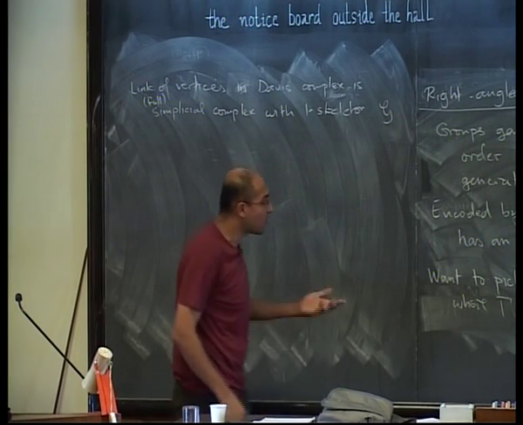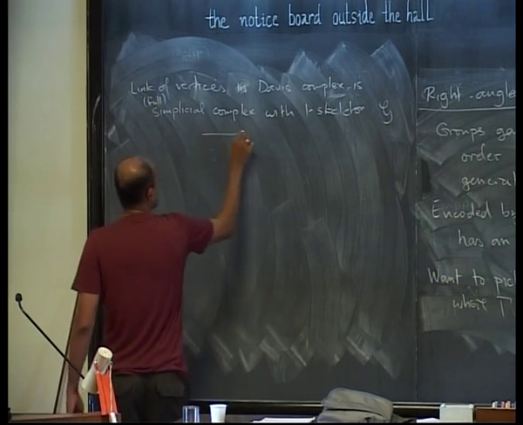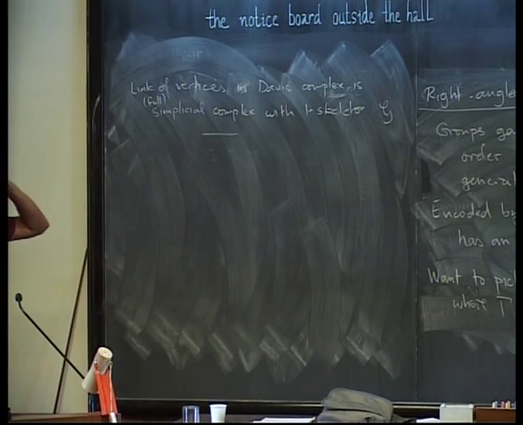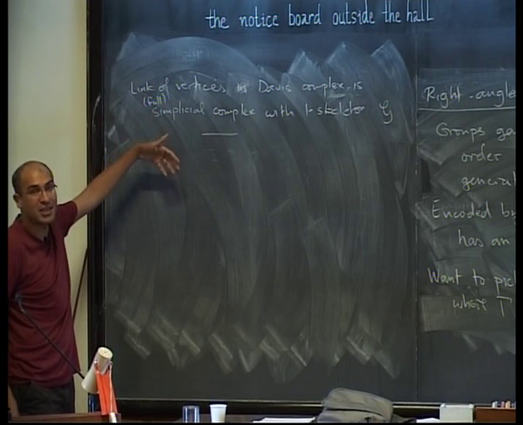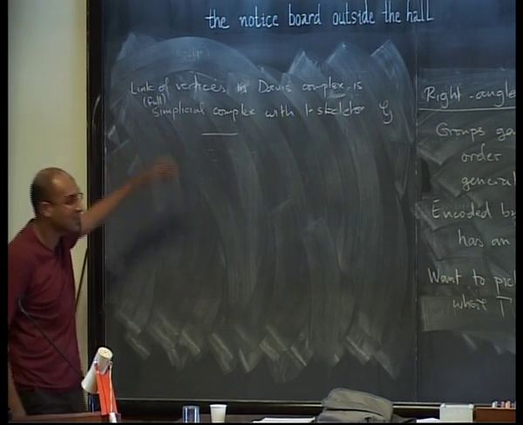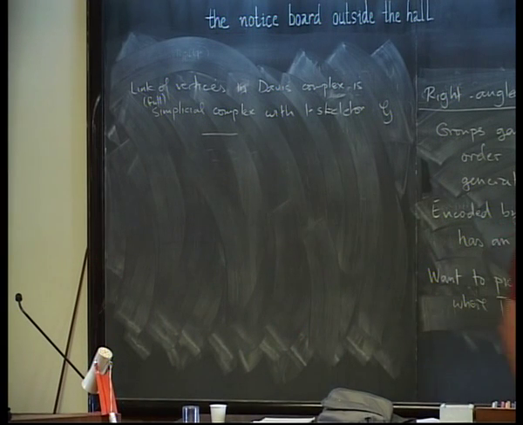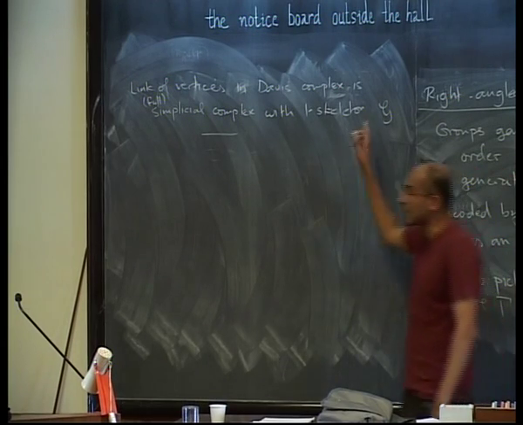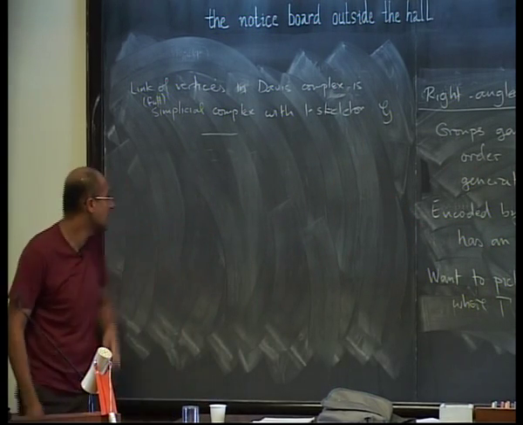Okay. All right, so if you want a manifold, then what you're looking at is a triangulation of the three-sphere. Okay. You want the link at the vertex to be an S3, so you've got the one skeleton of the triangulation of the three-sphere.